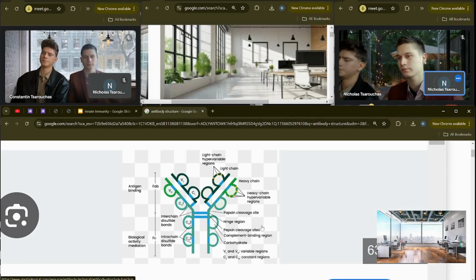And now that you mentioned RAG1 and RAG2, they also play a role in T cell development.